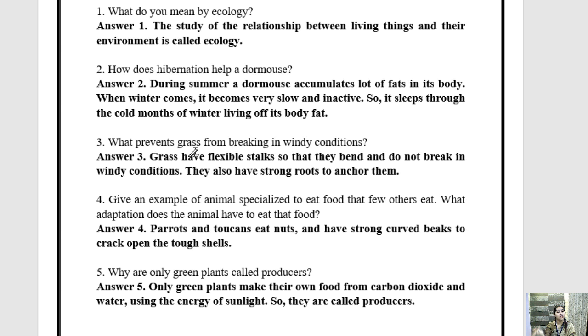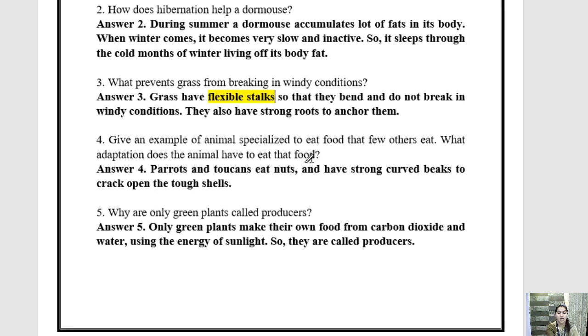So this is a very tricky question. Here we have to tell which animal eats food that no one else eats, and what does it have to adapt to eat that food?